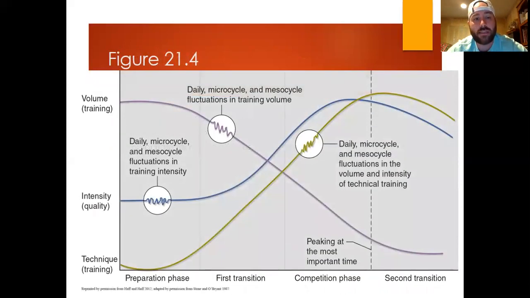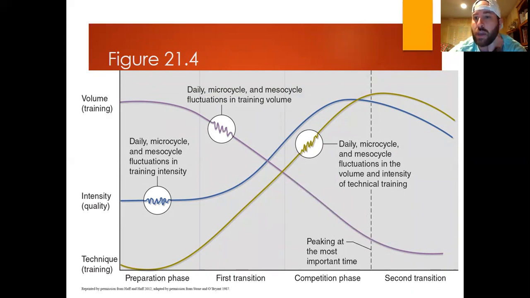So if we look at the volume of training, the intensity versus the technique of the training, it may be that we don't do so much volume. As you can see, it follows this where volume is the highest in that prep phase, and it starts to transition down when we get into that competition-based phase. This dotted line is where we want to peak at the most important time.